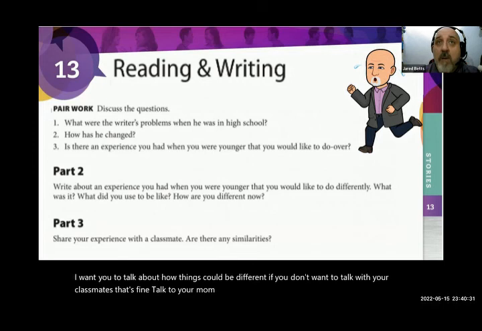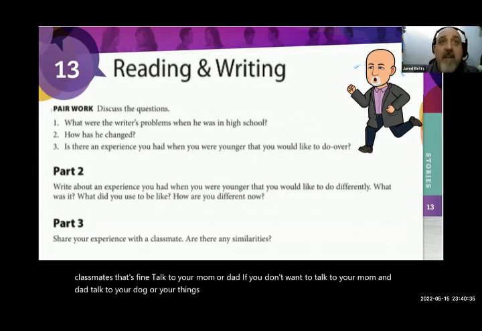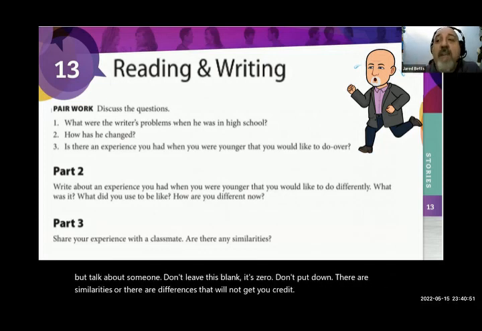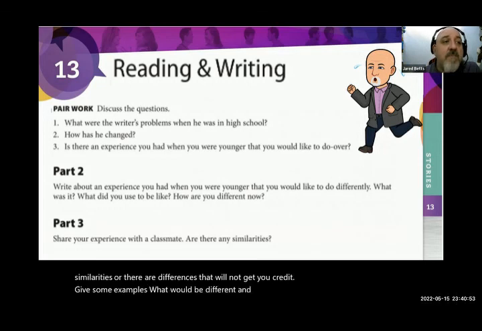If you don't want to talk to your mom and dad, talk to your dog or talk to your friend Bobo the monkey. I don't care, but talk about someone. Don't leave this blank. It's a zero. Don't put down there are similarities or there are differences. That will not get you credit. Give some examples. What would be different and what would change?